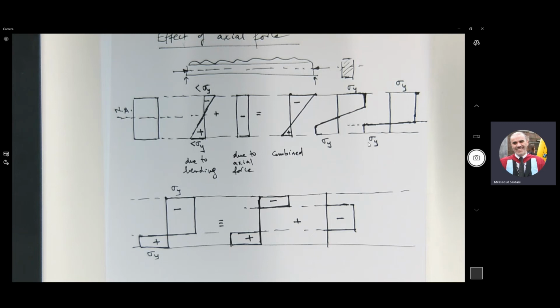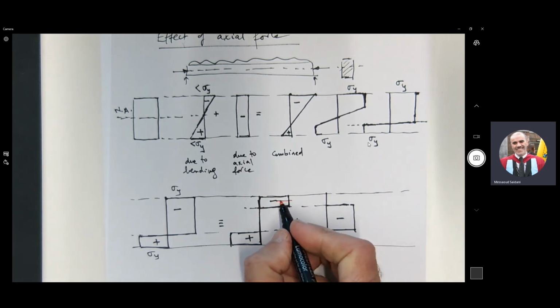Agreed? Yeah. So this diagram here is equivalent to these two diagrams. Okay, agreed. Now, we have compression at the top.